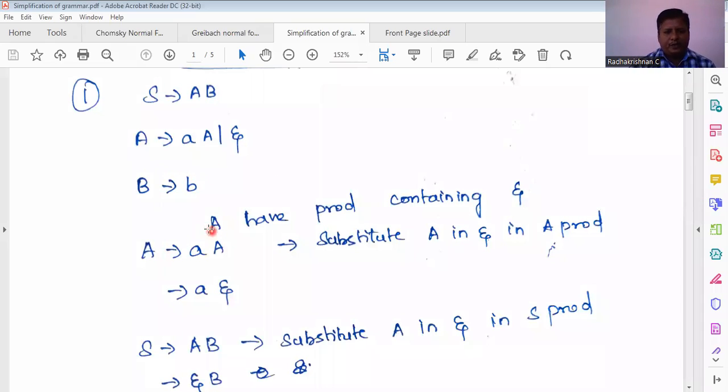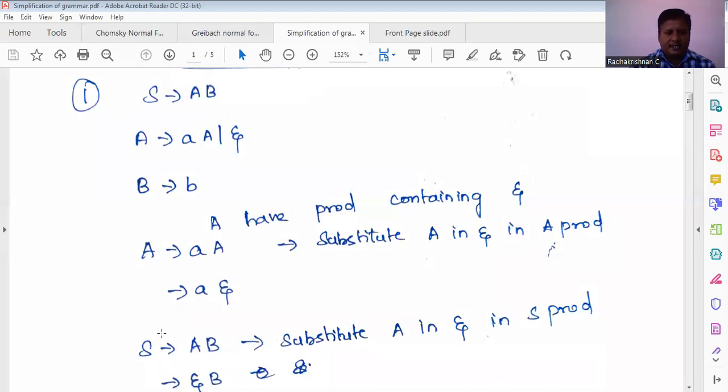So there is an epsilon production, A gives epsilon. This particular rule has the value. Since you have an epsilon production, we substitute A gives epsilon in the given grammar.